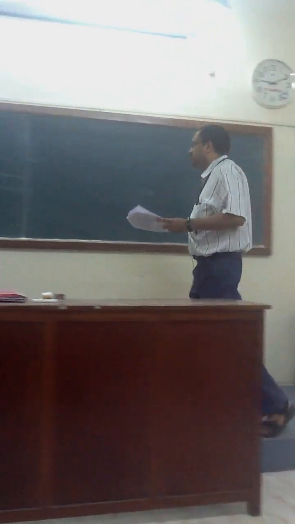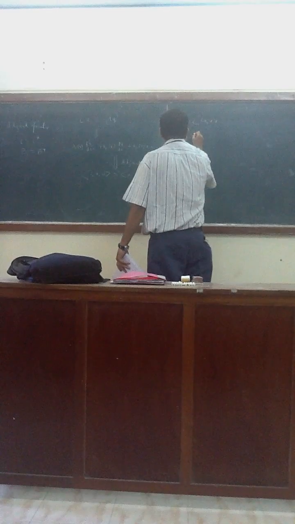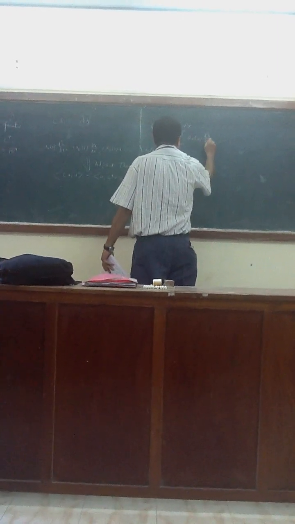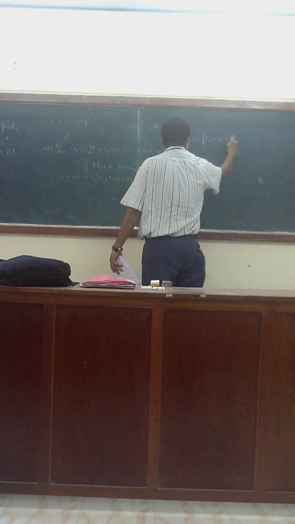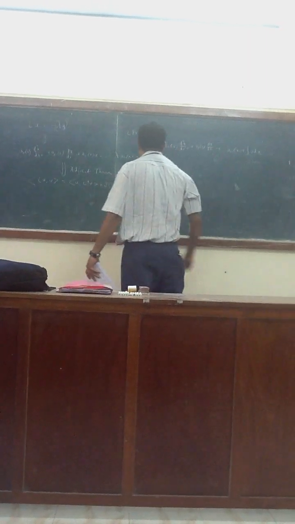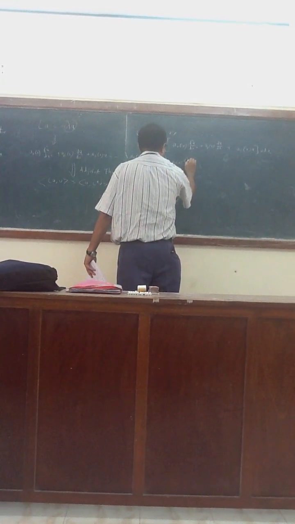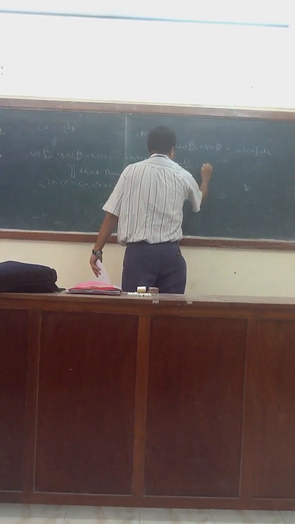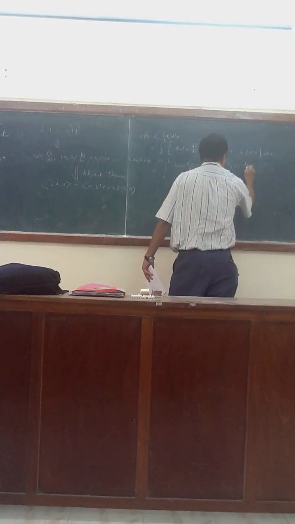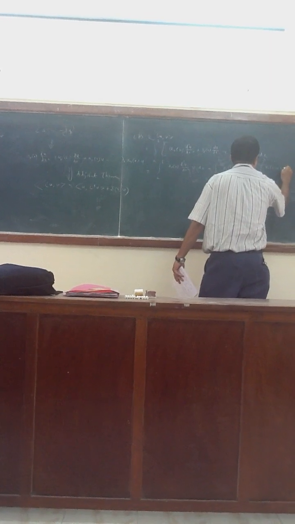So what we have done: on the left hand side we have the inner product of Lu and v, which is the integral from a to b of A0(x) d²u/dx² plus A1(x) du/dx plus A2(x) u, times v dx. We have three terms: the integral from a to b of A0(x) d²u/dx² v dx, plus the integral from a to b of A1(x) du/dx v dx, plus the integral from a to b of A2(x) u v dx.